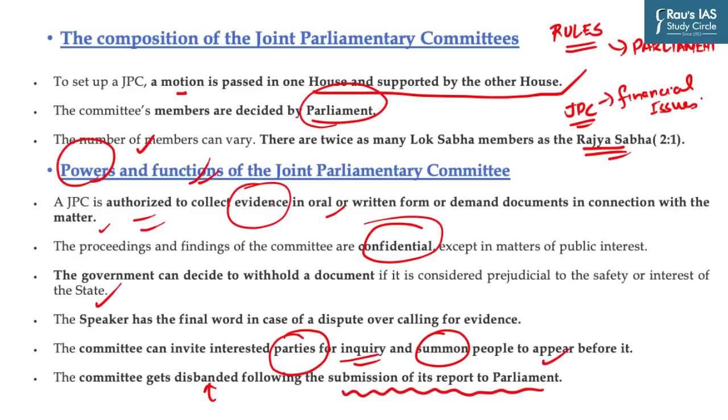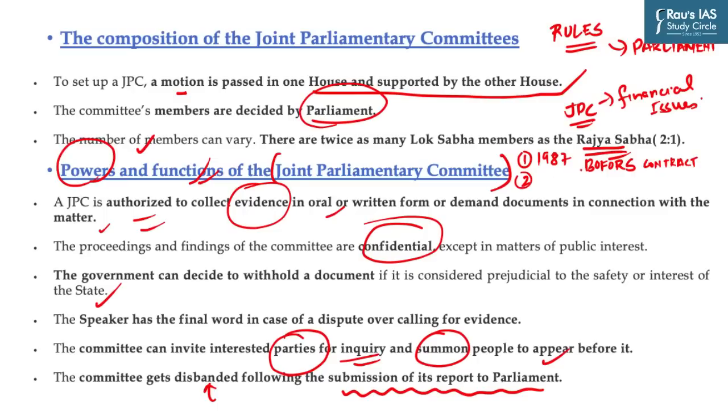So this brings us to the last part of our discussion: whether in the past there have been any incidences of formation of a Joint Parliamentary Committee or not. Even in the past, Joint Parliamentary Committees have been formulated from time to time. The first Joint Parliamentary Committee was formulated in 1987 for the infamous Bofors contract.